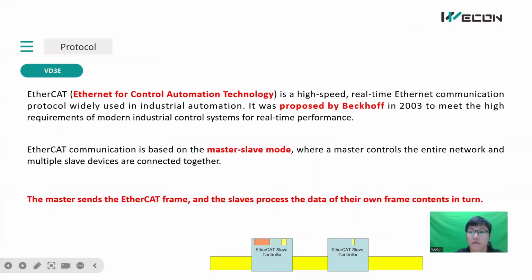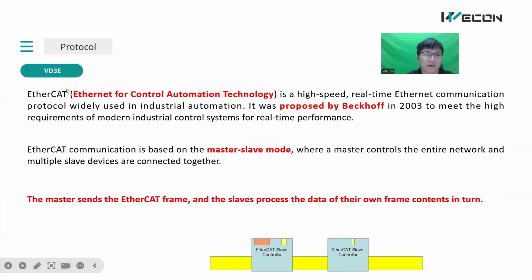First, EtherCAT means Ethernet for Control Automation Technology. This protocol was proposed by Beckhoff in 2003, and it is a high-speed real-time Ethernet communication to meet the high requirements of modern industrial control systems.